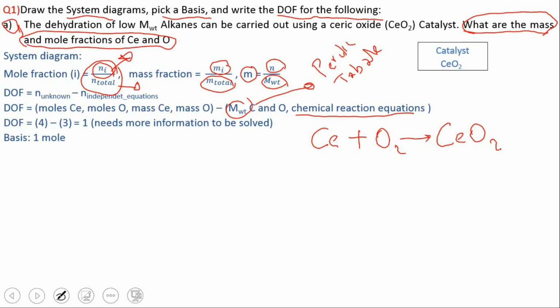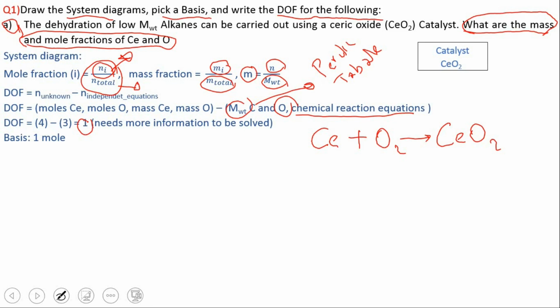So if we know the chemical reaction and the molecular weights, we have three independent equations. So the degree of freedom is 1, because we have 4 unknowns minus the 3 independent equations that we get from general chemistry.